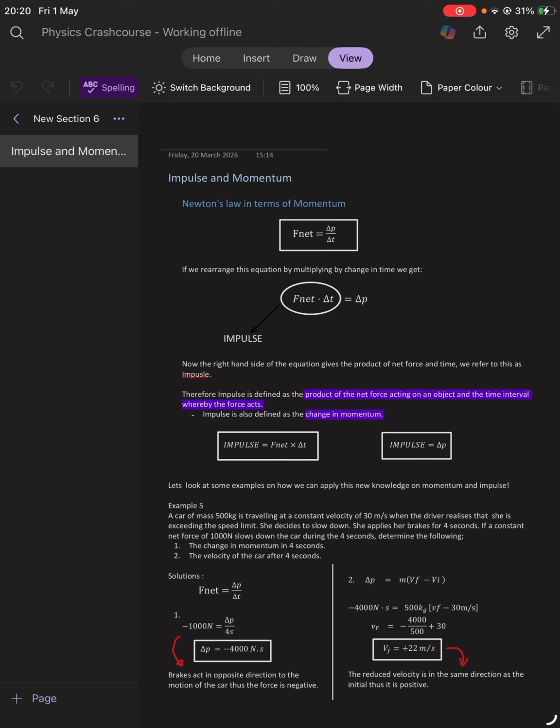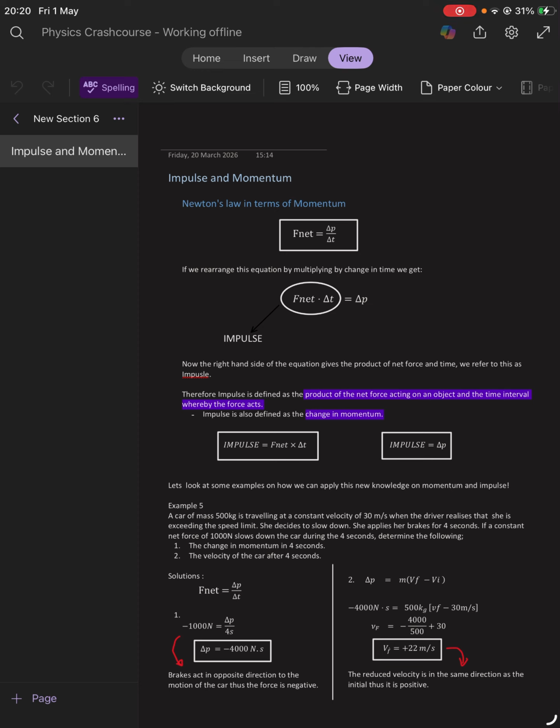Knowing that the net force is 1,000 newtons and the time interval is 4 seconds, we simply plug these things into the formula, and we use our calculators in order to find that the change in momentum is negative 4,000 newton seconds. Do not forget that the net force is a vector quantity.